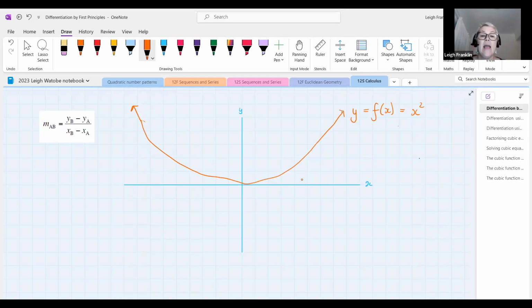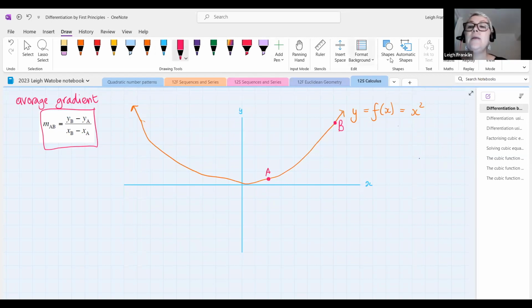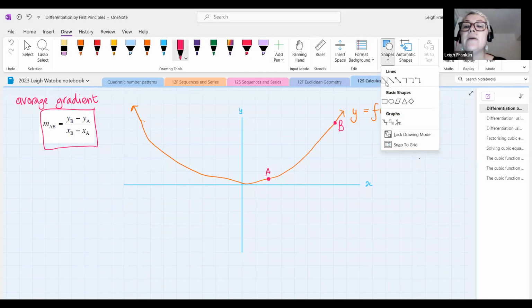If I want to work out gradient using the gradient formula, I could say that this point over here is point A, and that point over there is point B. I can use my traditional gradient formula to calculate the average gradient from A to B. Do you remember hearing the words average gradient in grade 11? Anybody remember hearing the words average gradient?